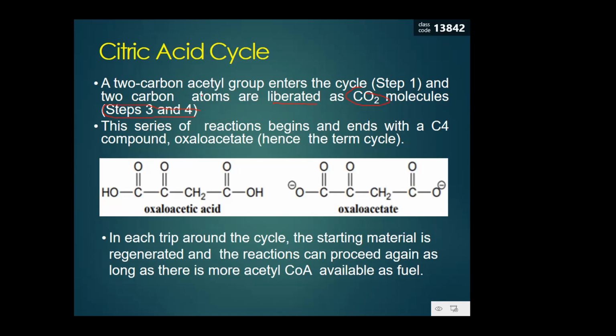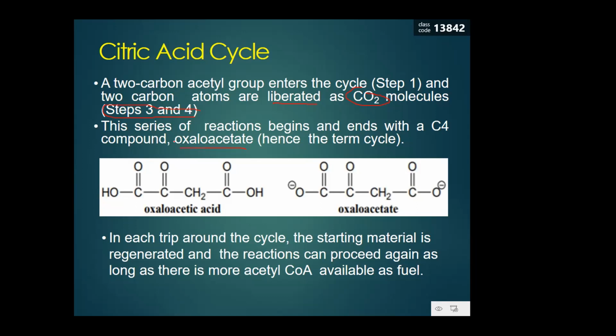So remember, the citric acid cycle starts with acetyl-CoA. That is the very first reactant for our citric acid cycle. And it will end with oxaloacetate. That's why we call it a cycle. Why? Because this oxaloacetate will again react with acetyl-CoA to produce citrate.